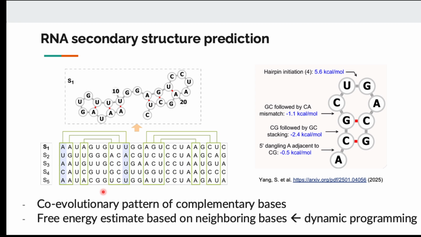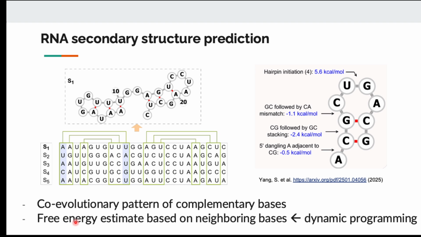So we can still do a coevolutionary style analysis to identify two RNA positions that mutate in complementary patterns. If this is A, this is U. If this is U, this is A, this is C, this is G. If we see this type of complementary pattern, we can predict that these two positions might be base pairing. So that's similar to protein. We look at coevolution in the protein to identify residues that interact in 3D. We can also identify coevolution of nucleotides to identify those that base pair together.